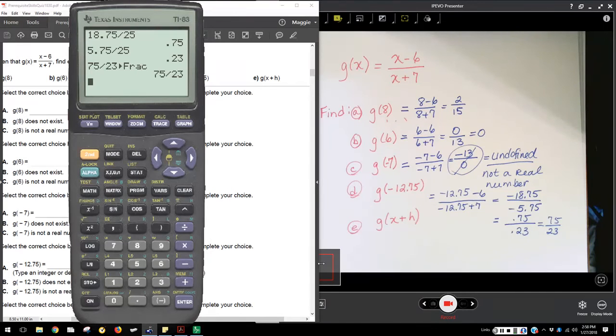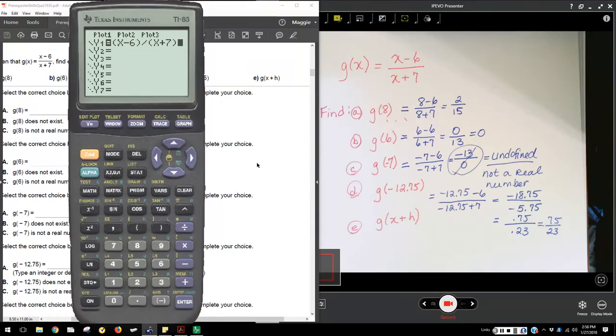So here's what we can do to actually check our arithmetic without having to re-enter these expressions a whole bunch of times. I'm going to go to the graphing window, the y equals window, and clear out what's there. And I'm going to enter the expression for g of x, which is in the numerator (x minus 6) in parentheses divided by the denominator, (x plus 7).